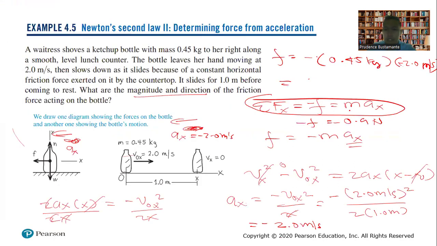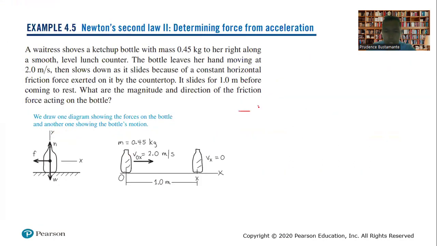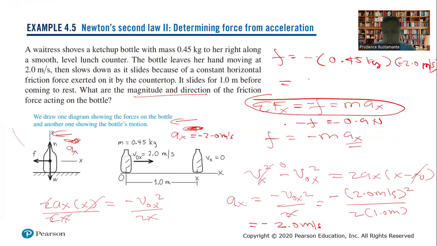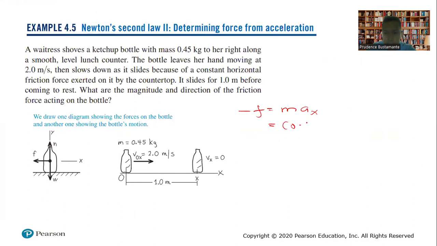Negative F is equal to the mass times the acceleration. The mass is 0.45 kilograms times negative 2.0 meters per second squared. So we have 0.90 Newton, negative 0.90 Newton.